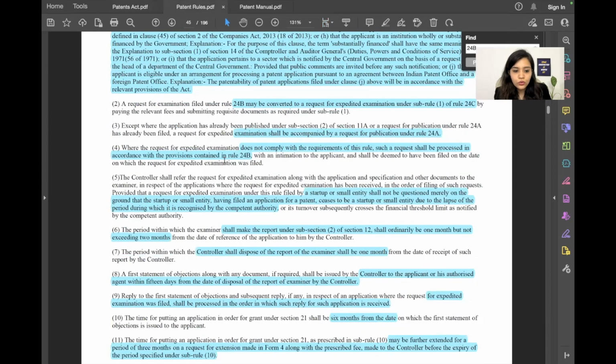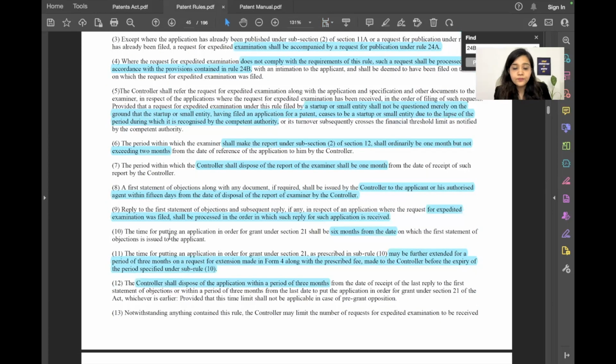If you come to subsection 10, it says that the time for putting an application in order for grant under section 21 shall be 6 months from date on which first statement of objection is issued to the applicant. That means the reply needs to be filed within 6 months of receiving the first statement of objections.